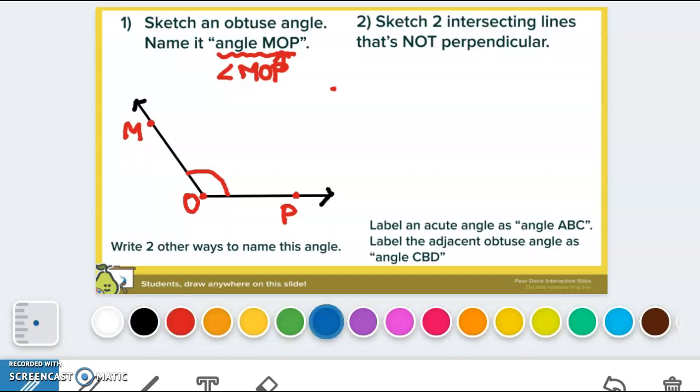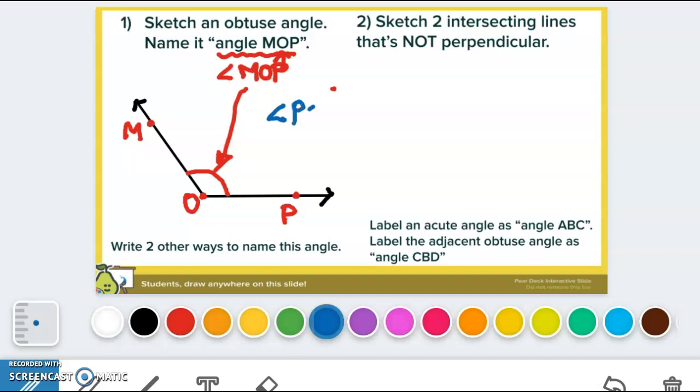Okay, now it's asking me to name the angle MOP, and then here it says write two other ways to name this angle. So this angle is angle MOP here. Is there another way to write this? Well, you could have also said it was angle POM.